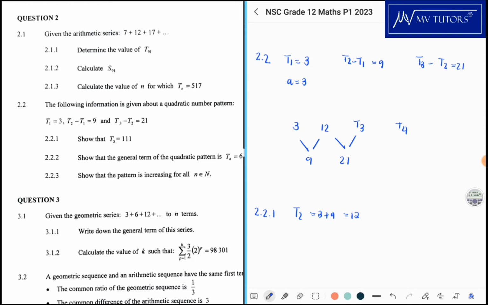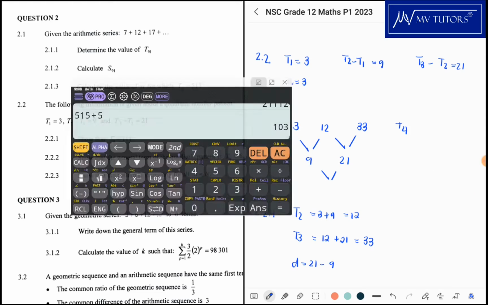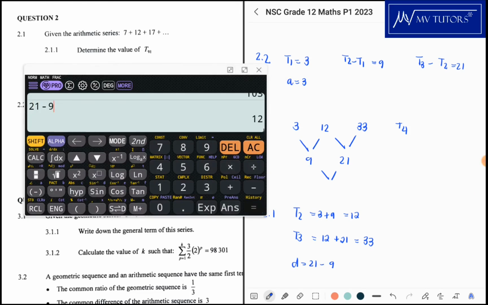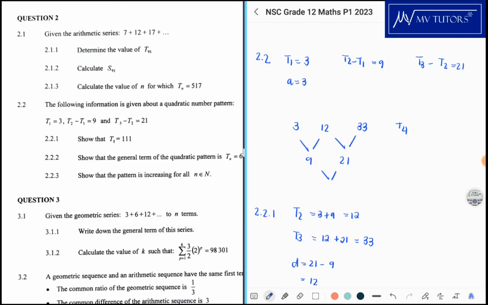And then I know that 12 plus 21, so term 3, 12 plus 21 would give me 33. All right, so term 3 would be 33. Okay, and then I can also get the common difference. So D would be equal to 21 minus 9. And what is 21 minus 9? In an exam, I calculate everything because I can be thinking about an answer and then I write something different.